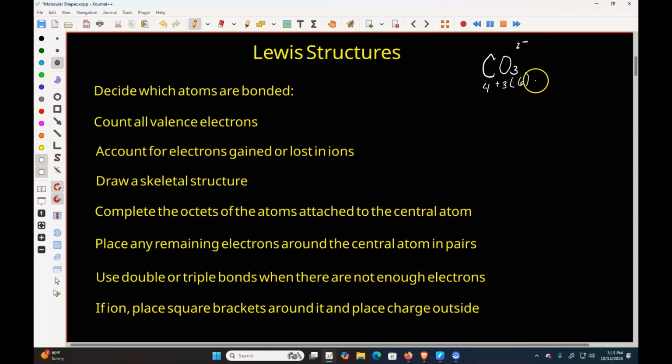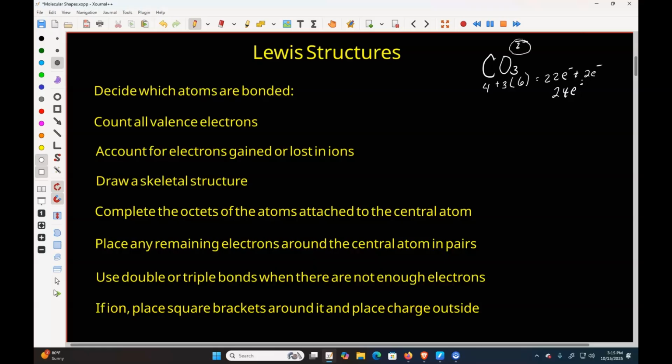I add those together. So 18 plus 4, that's 22 electrons. Now let's look at the charge here. That's a 2 negative, so I'm going to add 2 more electrons to that, so I have a total of 24 electrons. I decide which atoms are bonded together, so we've done that.